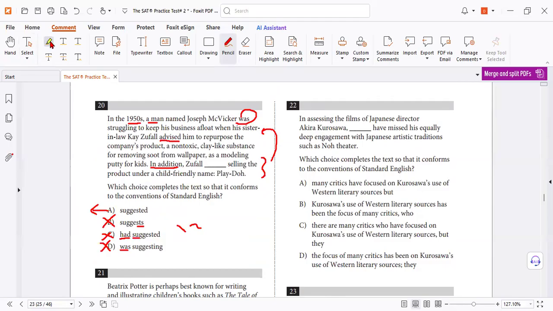Here we test you on the modifier. Do you remember? An appositive is information. What does it describe? In assessing, who can assess the film's subject? Critics use, the subject is critics. Here the subject is focus. Who can use it, critics or focus?